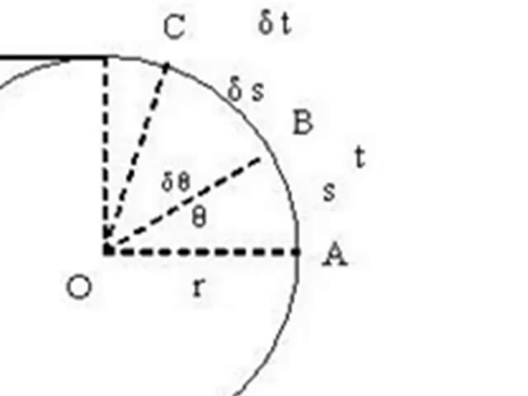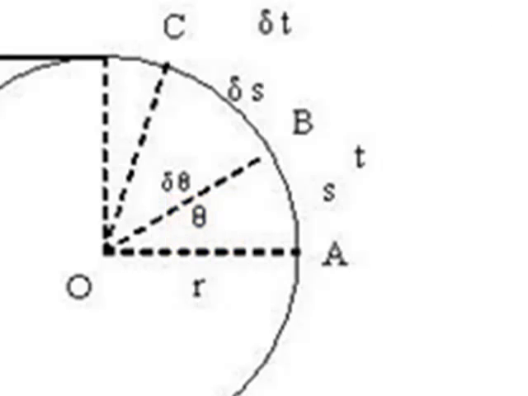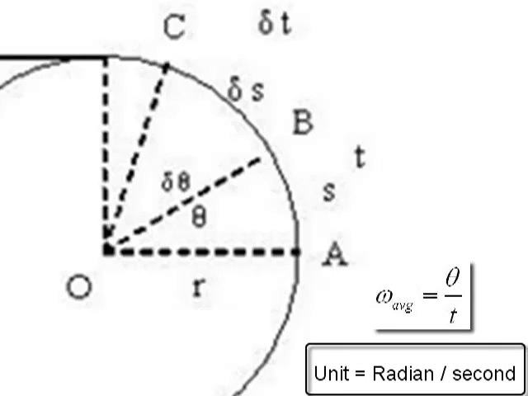Suppose the body moves from A to B, subtending angle theta in time t, then as per the definition of velocity, the average angular velocity will be angular displacement theta upon time t. Hence, an average angular velocity, which is denoted by omega average, is given as theta upon t.